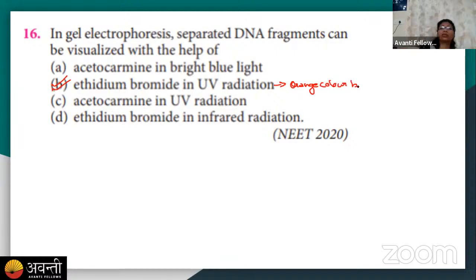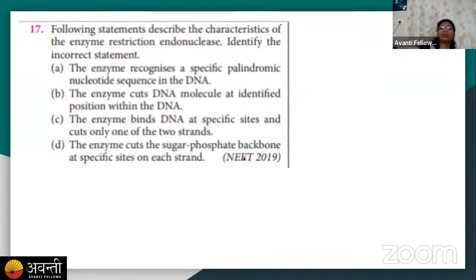Here is the next question. It says, the following statements describe the characteristics of the enzyme restriction endonuclease. Identify the incorrect statement, the statement which is not right, right? Option A says the enzyme recognizes a specific palindromic nucleotide sequence in the DNA.